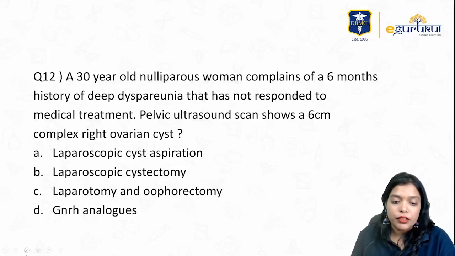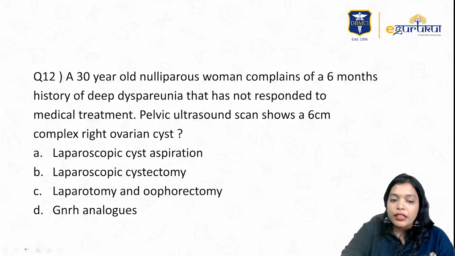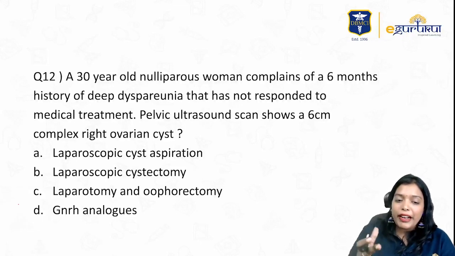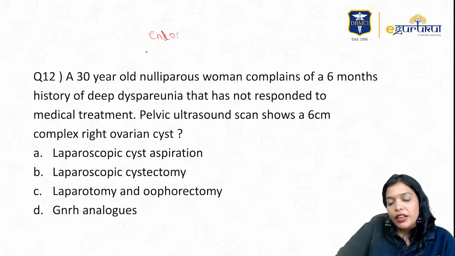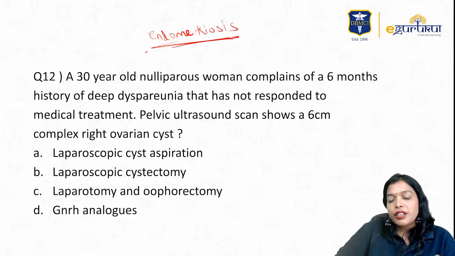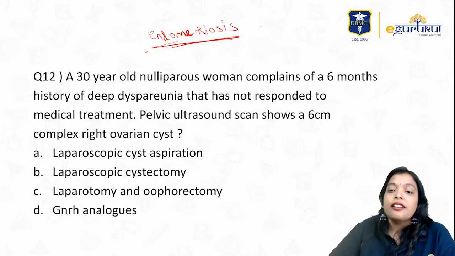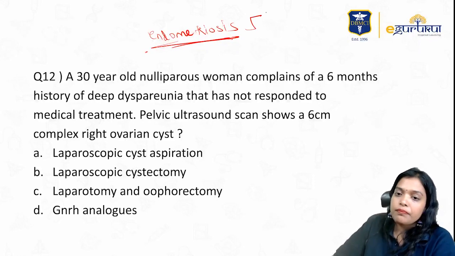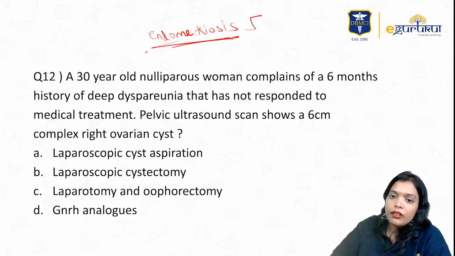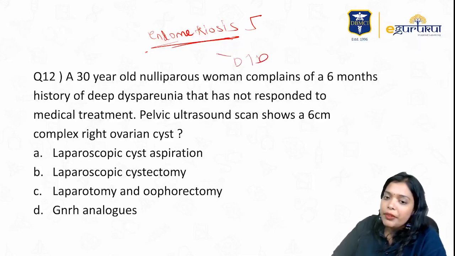Whenever the question tells dyspareunia, dysmenorrhea, pain as a predominant symptom, it is nothing but endometriosis. And here the 6 centimeter complex cyst is nothing but the chocolate cyst. The classical triad for endometriosis is DID, Dance India Dance.